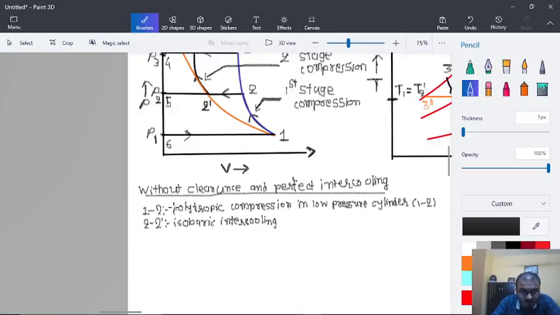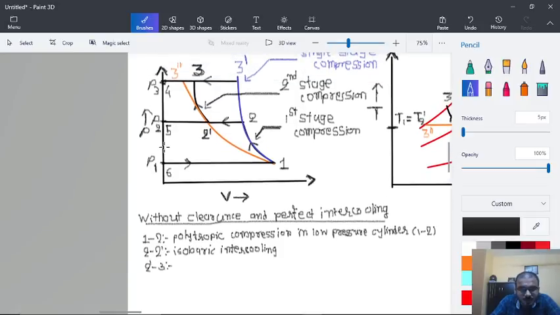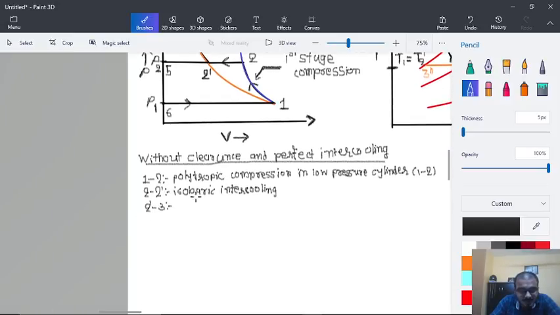Then we have 2 prime to 3. If you see the figure again, 2 prime to 3 is the polytropic compression in the high pressure cylinder.